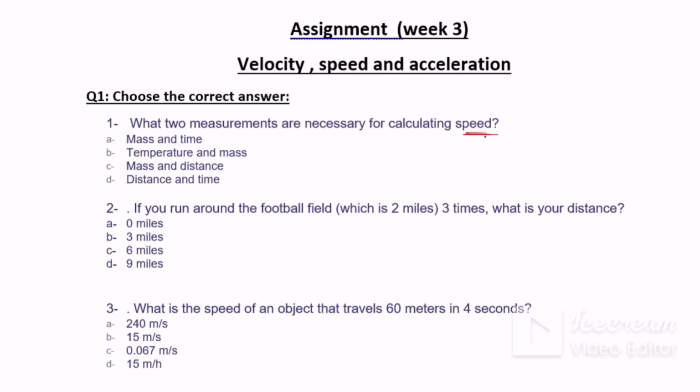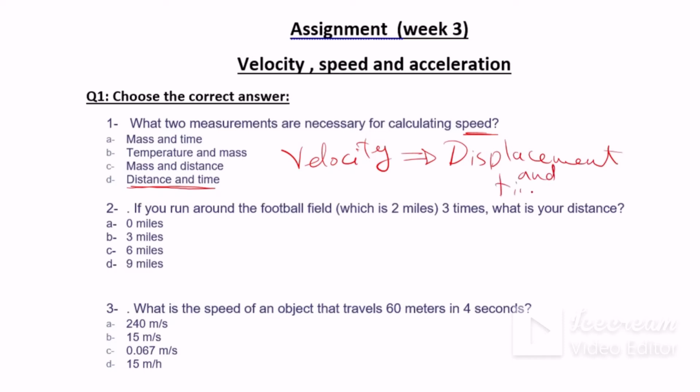When you speak about speed, we need the distance and time. The difference between speed and velocity is that speed depends on distance and time, but velocity depends on other things. It depends on displacement and time.